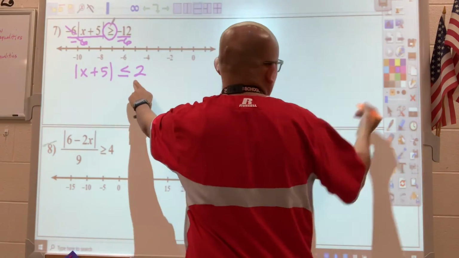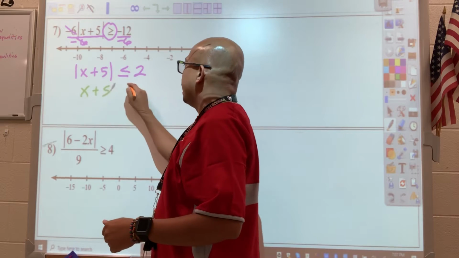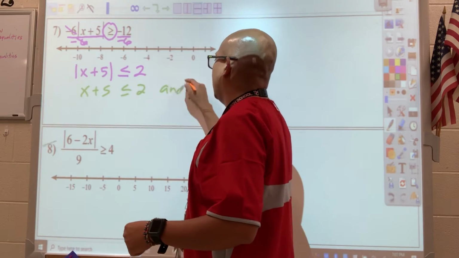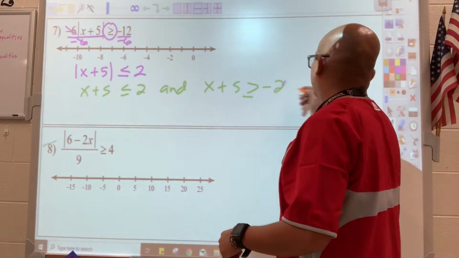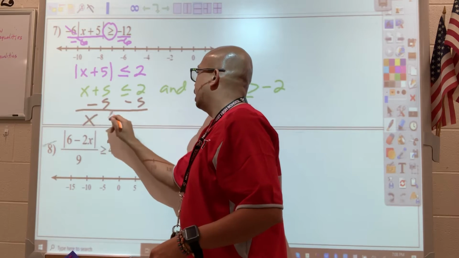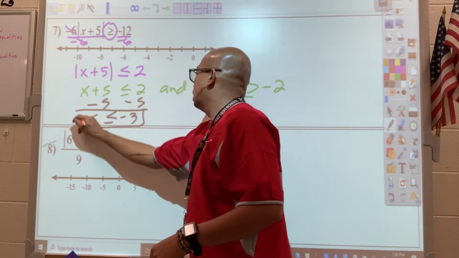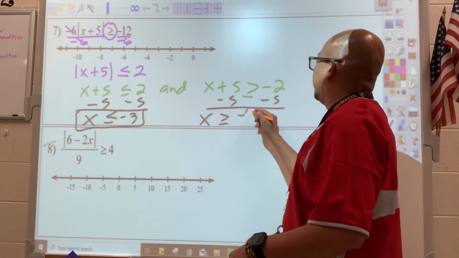So in this case, it's a less than. I will split them in 2, x plus 5 less than or equal to 2, and x plus 5 greater than or equal to -2. Solve it, minus 5, x less than or equal to -3, minus 5, x is greater than or equal to -7.